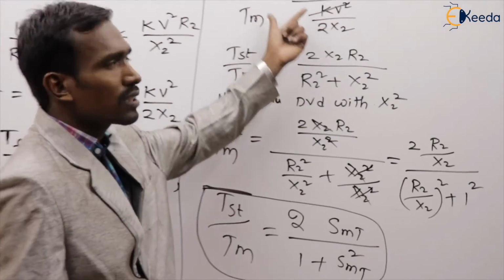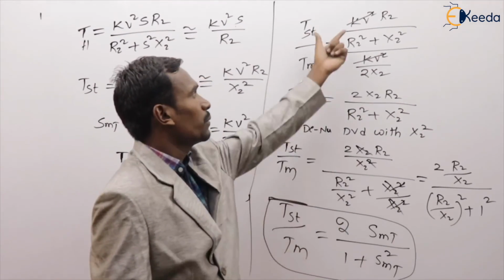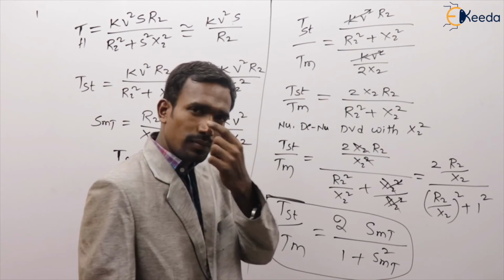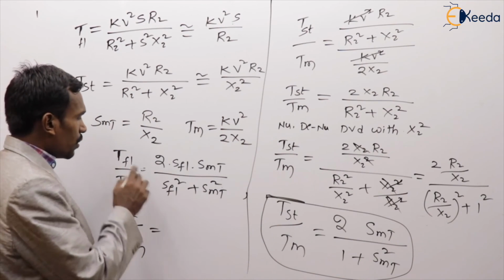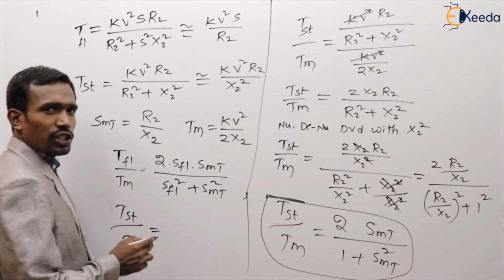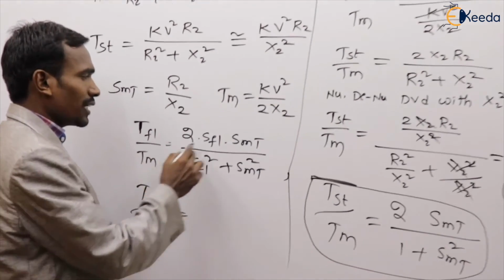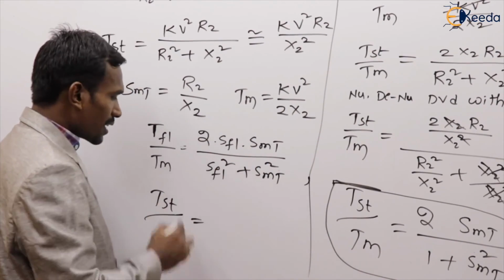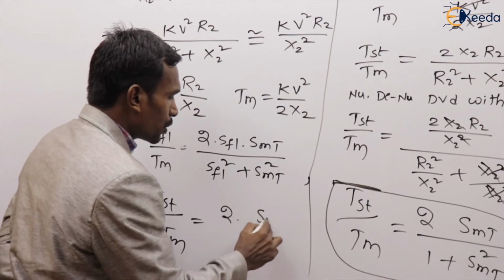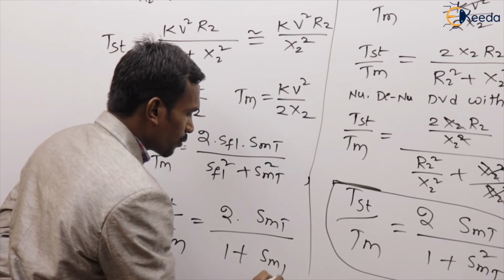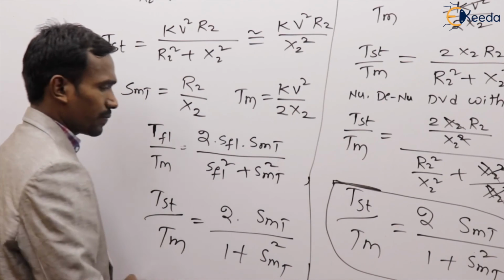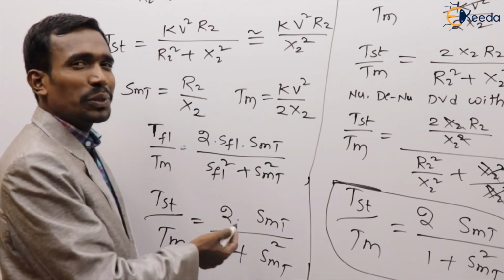Right? Got it? The starting torque to the maximum torque ratio. Have a look here. So, the full load torque to the maximum torque ratio is this one, and the starting torque to the maximum torque ratio is 2 into SMT by 1 plus SMT square, this one. Very easy to remember.